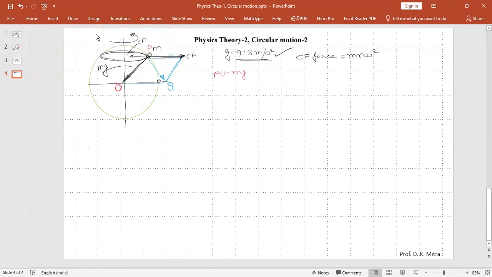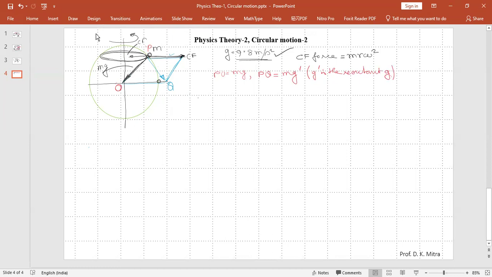So PO is mg and PQ is the mg dash, where g dash is the resultant g. G dash is the resultant g. Resultant gravitational acceleration, right?